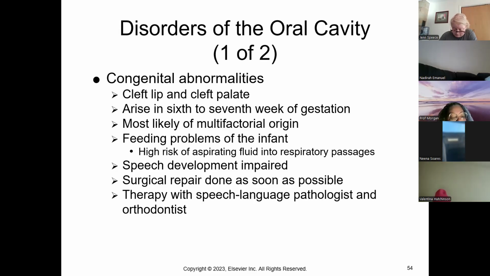The cleft lip, you have to know these. It may be unilateral or bilateral, so it can happen on one side or both sides of the midline. And what happens here is we have failure of the maxillary process to fuse with the nasal elevations, failure of the upper lip to fuse.